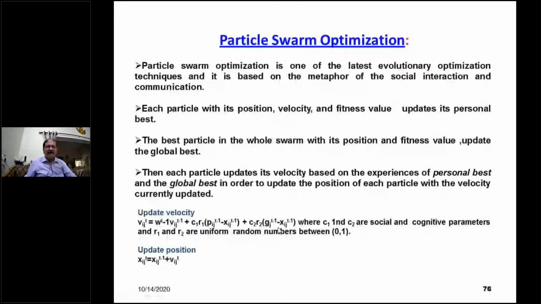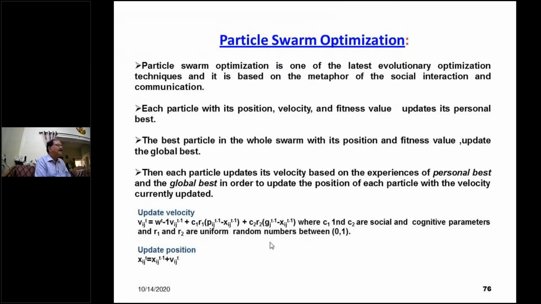In this case, C1 and C2 are two social and cognitive parameters. The values will be 2, and R1, R2 are random numbers between 0 and 1, and Pij is the personal best of a particular bird.